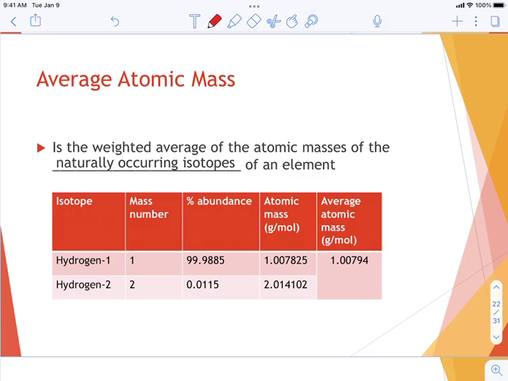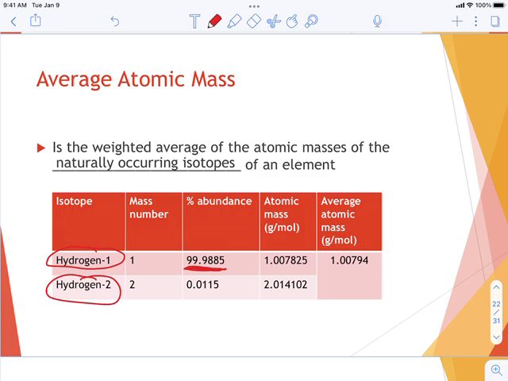So for hydrogen, for example, we have an isotope of hydrogen 1, we have an isotope of hydrogen 2. You would be given what's called the percent abundance, how much in the real world is hydrogen 1, and you can see most of the hydrogen in the real world is hydrogen 1, 99.9885%.